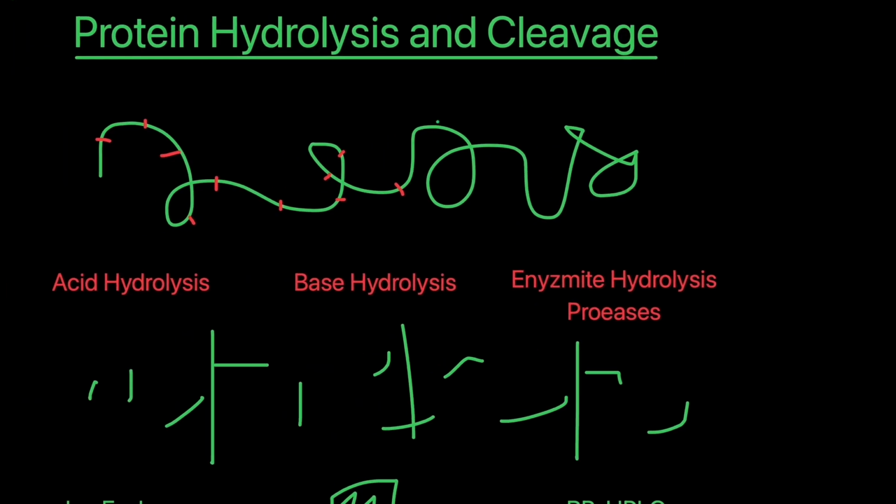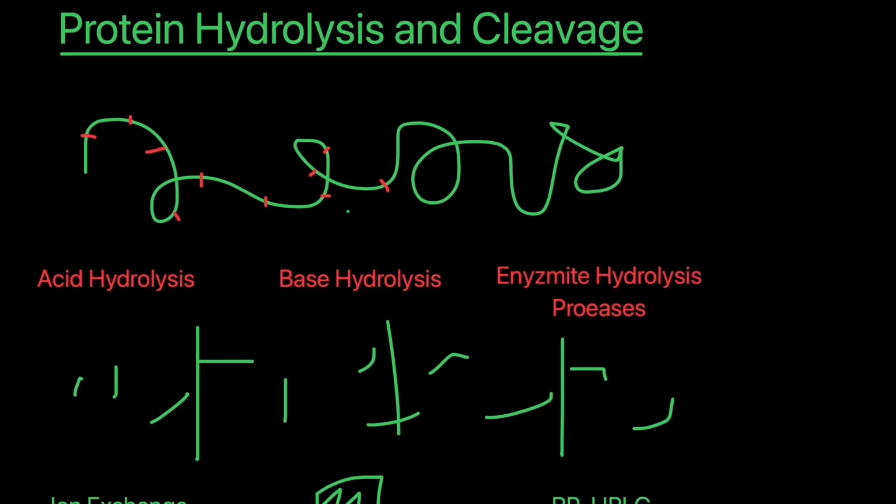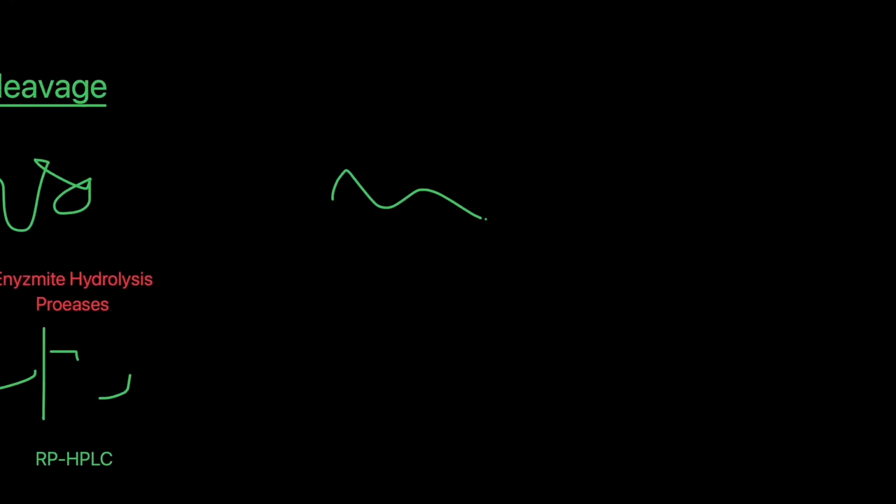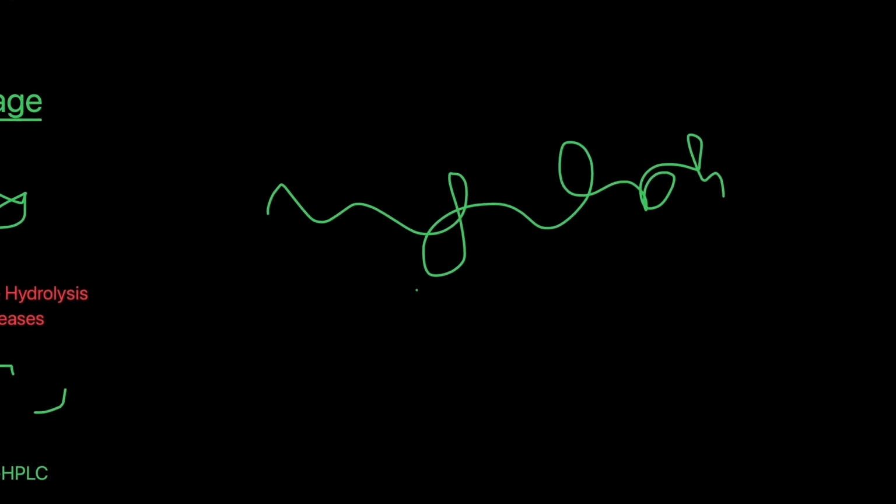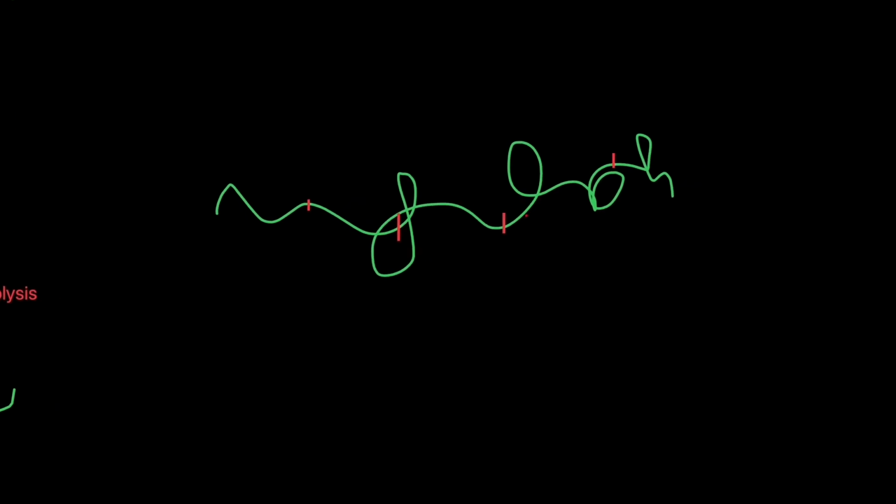Next, if we look at cleavage, it's very similar to hydrolysis, but instead of breaking it into every single amino acid, we break it at specific locations. So if you have a protein like this, instead of breaking it at every single amino acid, we would break it only at this place and this place and this place, which is very exact. The resulting mini proteins or cut up proteins are called peptides.